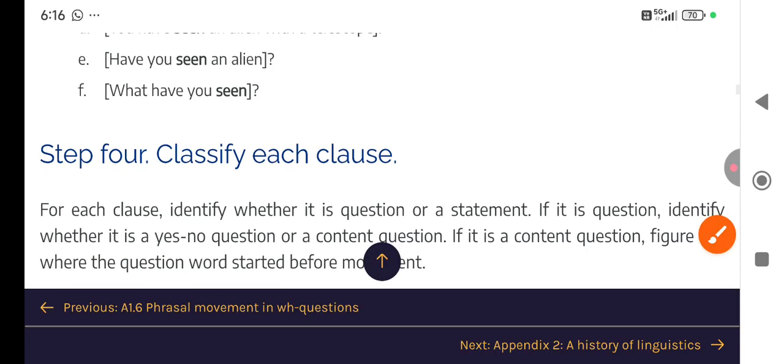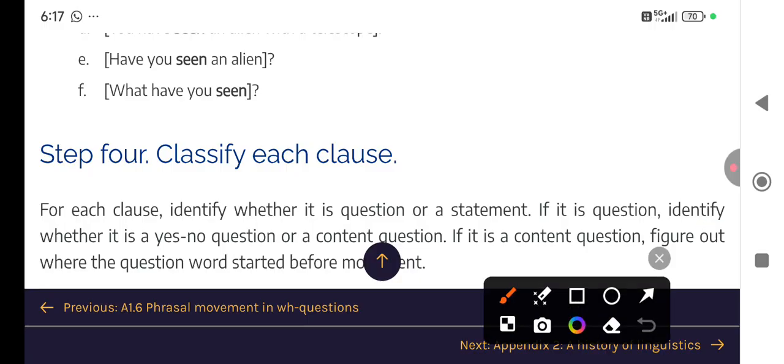Okay. Have you seen an alien? This is a question. Have is the helping verb, seen is the main verb, you is the subject, and alien is the object.